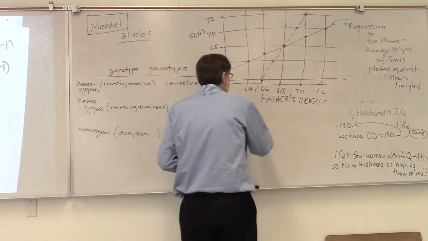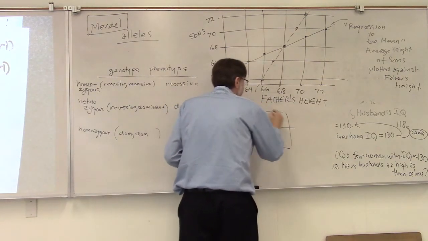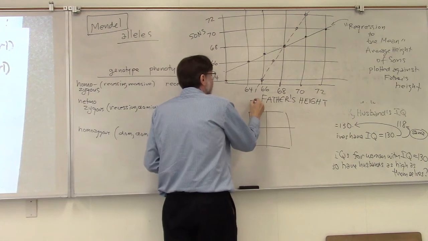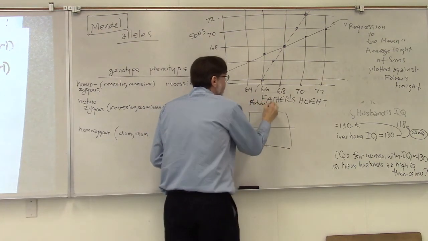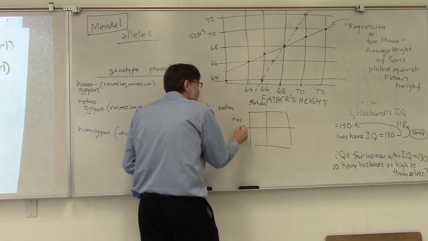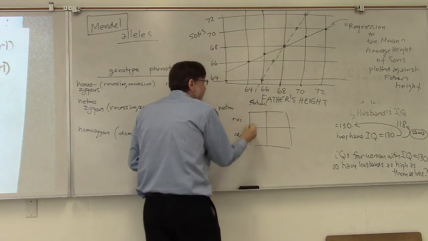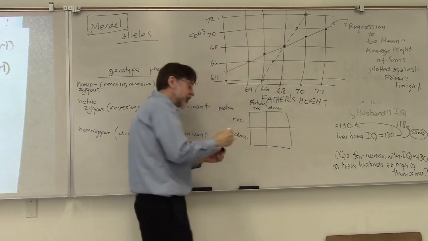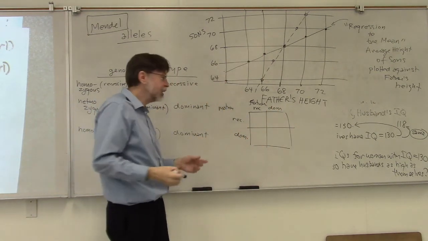So, this is the gene you get from your mother. This is the gene you get from the father. Right? The mother can produce a recessive or a dominant. The father can produce a recessive or a dominant. Both of them can curl their tongue because they're heterozygous, right?